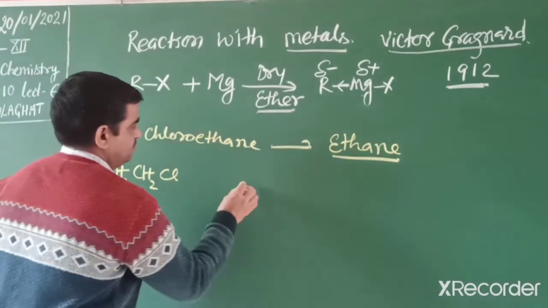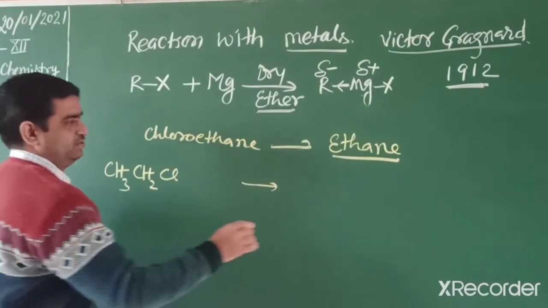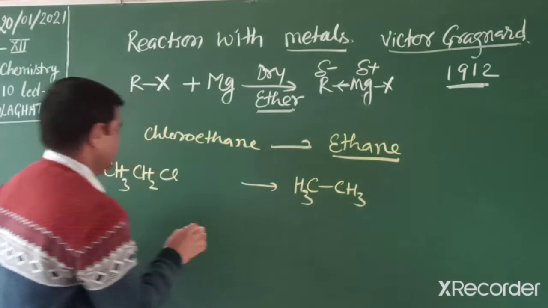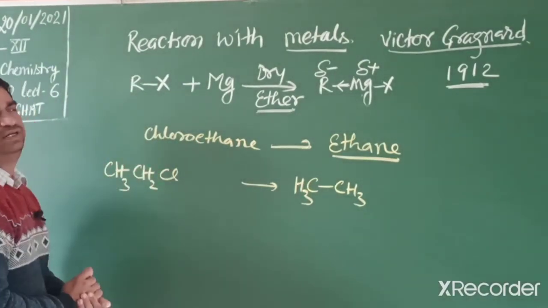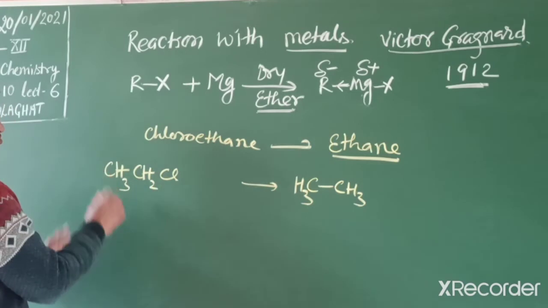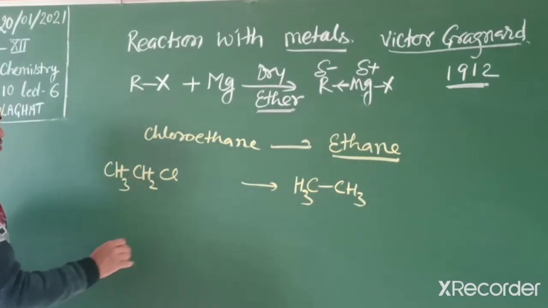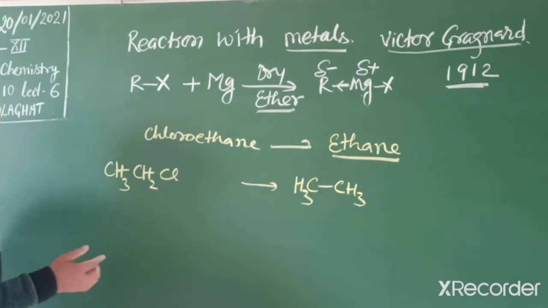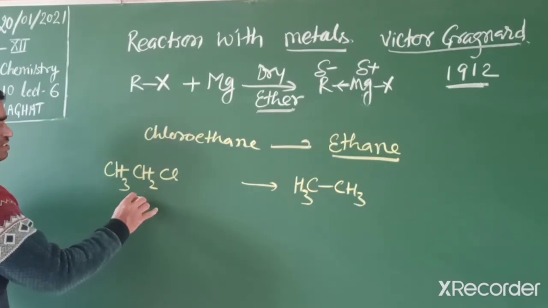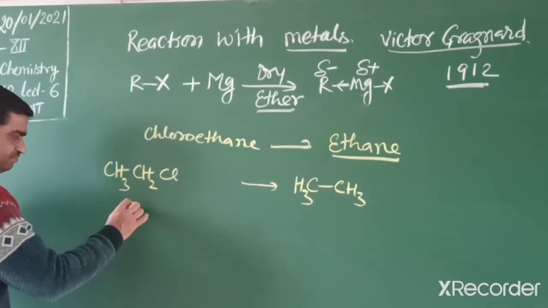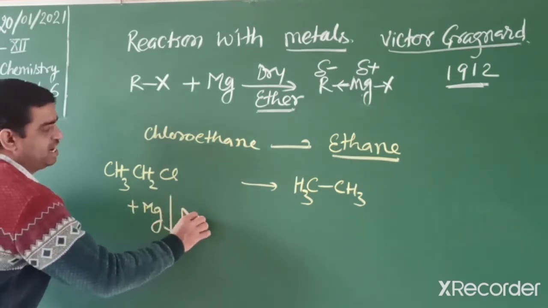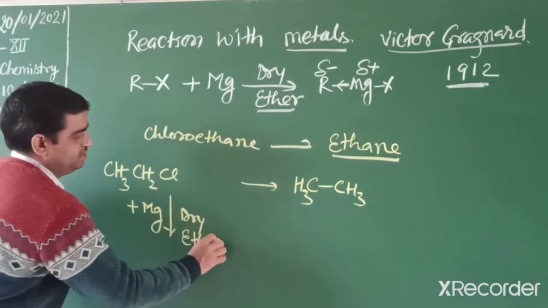Then we need the 2-carbon ethane, which means we have to remove only the chlorine and add 1 hydrogen. So first we convert this compound into a Grignard reagent, then react it with water or alcohol or any substance that has a proton. First it reacts with magnesium metal in the presence of dry ether as a medium.